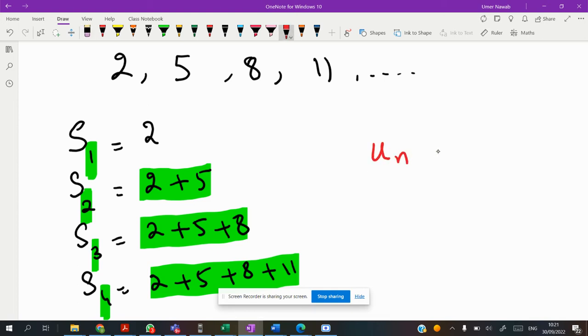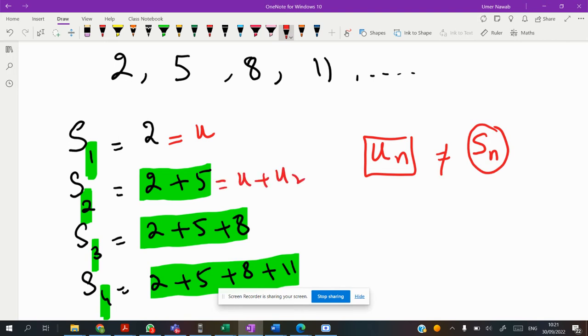So you should not be confused between Un and Sn. Sn is the sum of the first n terms, and Un is just the term which appears at the nth position. So they are not always equal to each other. S1 is always equal to u. Yes, this is understood. But S2 is equal to u plus u2.